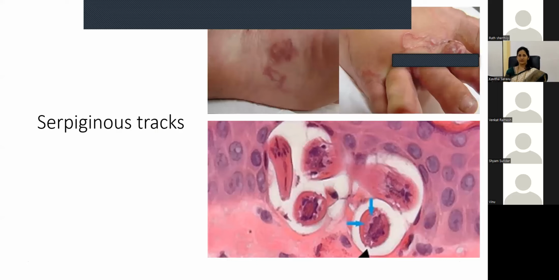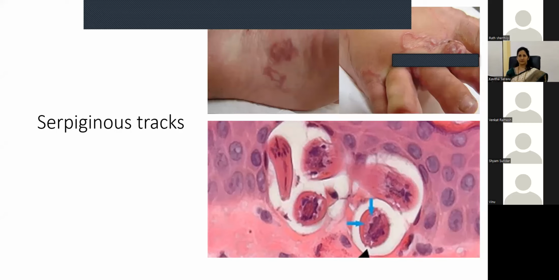As Dr. Venkat has also shown you the cutaneous larva migrans, here is another picture with the histology of the larvae. You can see the serpiginous tracts that are formed due to migration of the larva under the skin. These cutaneous larva migrans are mainly caused by animal species such as Ankylostoma braziliense, Ankylostoma ceylanicum, or Ankylostoma caninum.